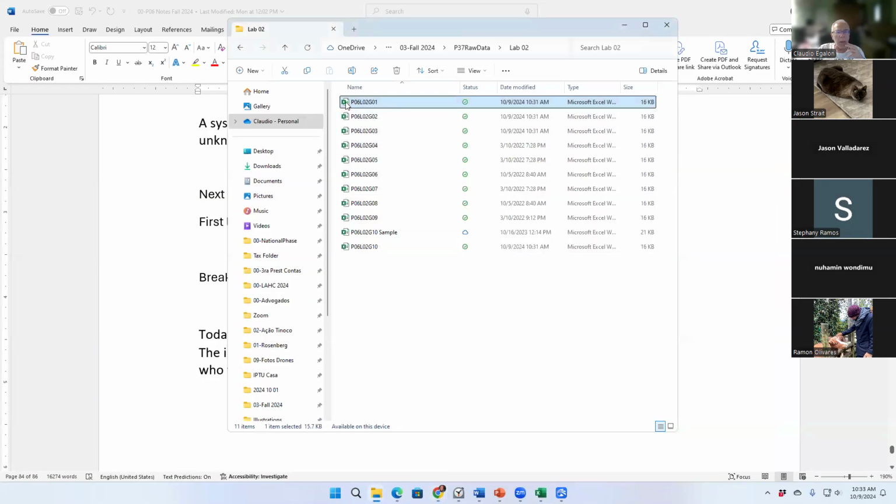Group 1, you have your spreadsheet there. Group 2, you have your spreadsheet there. Group 3, spreadsheet. Group 4, spreadsheet. Group 5, spreadsheet. Group 6, spreadsheet.